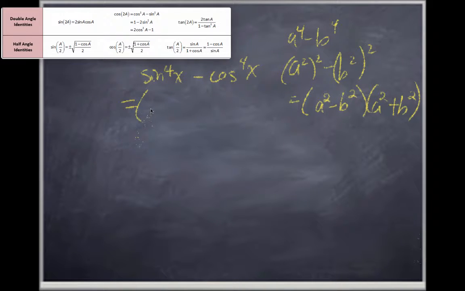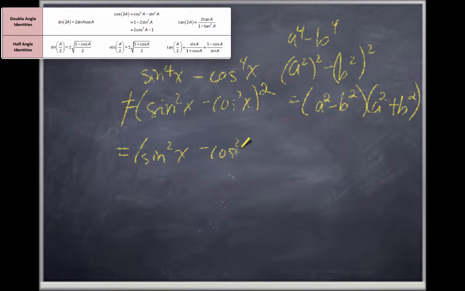So the way this factors is not sine squared minus cosine squared squared. What it is, is sine squared minus cosine squared times sine squared plus cosine squared.